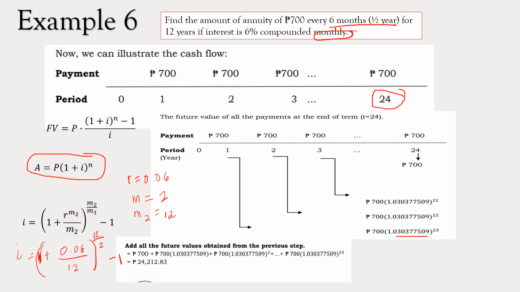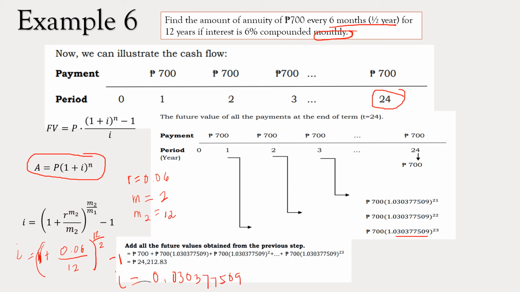Okay, so ulit, 1 plus 0.06 divided by 12 raised to 6. Minus 1. So, ang sagot dyan ay I is equal to 0.030377509.